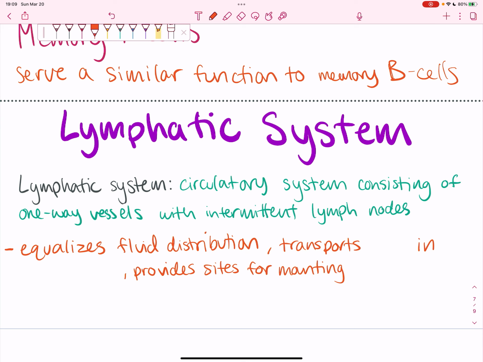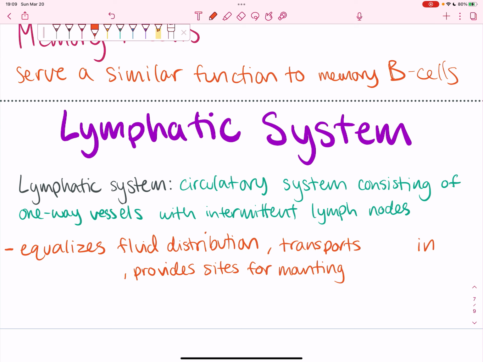When your lymphatic system is overwhelmed, this can result in lymphedema. I don't know if you've ever heard of that, but it's basically where your legs get super swollen, or even your arms, mostly your legs though, with lymph fluid that is overflowing from your lymphatic system. Okay.